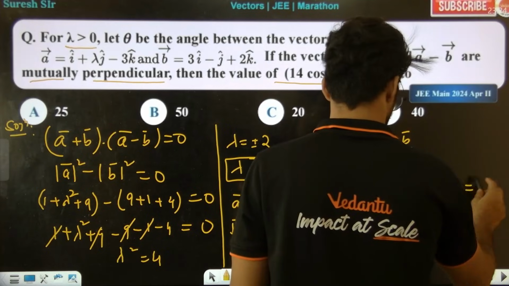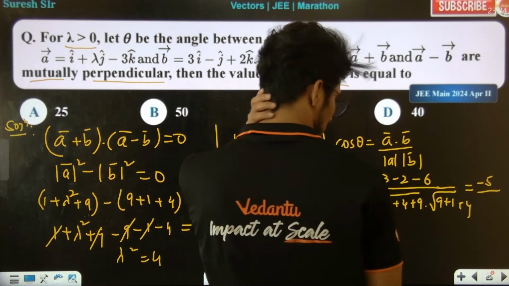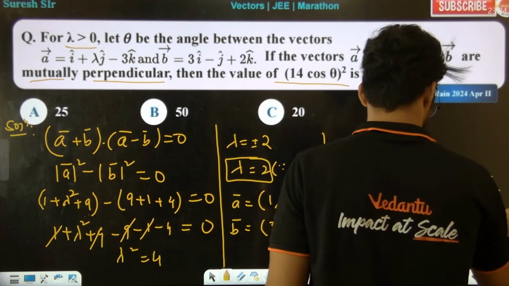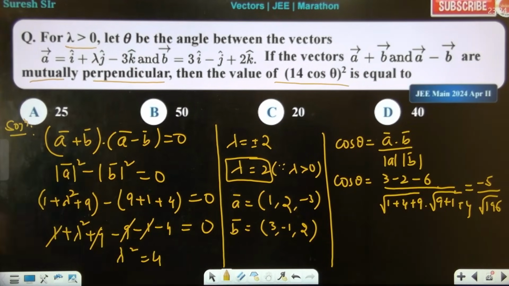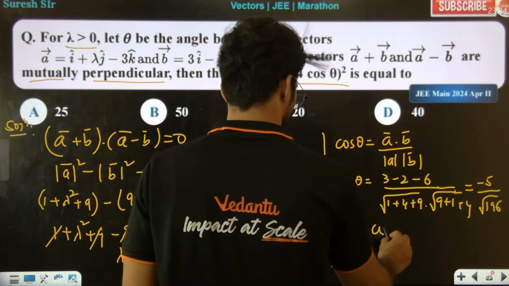So minus 5 divided by the square root of 14 into the square root of 14. Yes or no? Now I have cos theta. They are asking for 14 into cos theta.